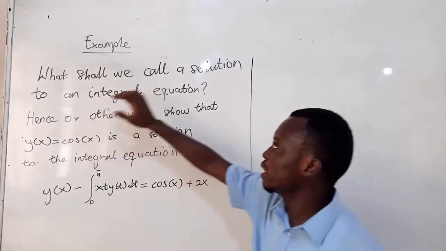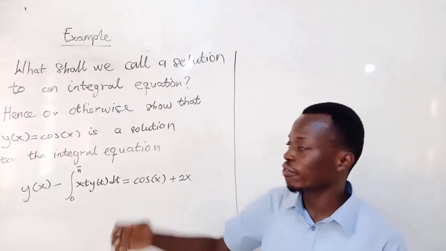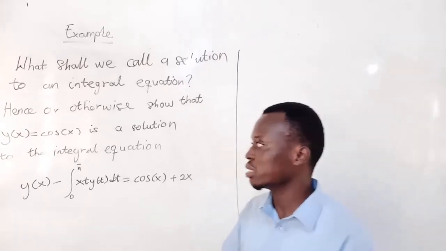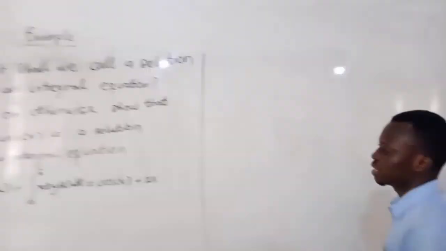Let's start by defining the solution to an integral equation. The solution to an integral equation is a function y of s that makes an identity with respect to s, as we discussed in our previous video. Now let's consider the integral equation.